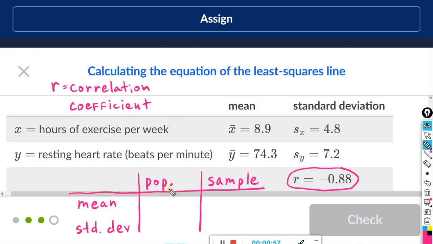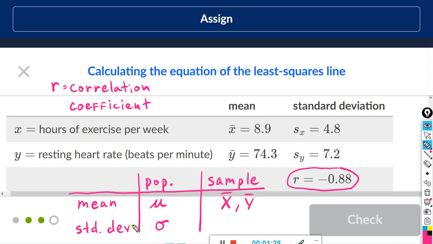Anyhow, we remember from the past, the population mean is usually represented by the Greek letter mu, and the population standard deviation is represented by the Greek letter sigma. Okay, now in this case, we're just dealing with the sample. So for the sample mean, that's going to be X bar. Or in the case of the Y's, it's going to be y bar.